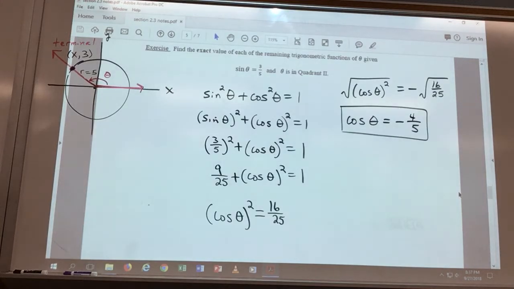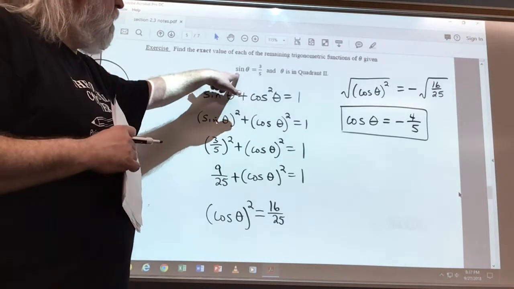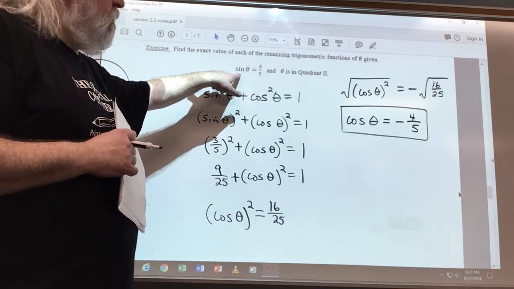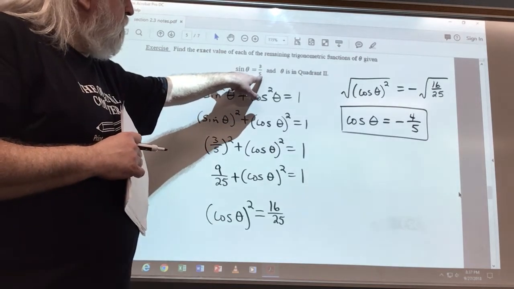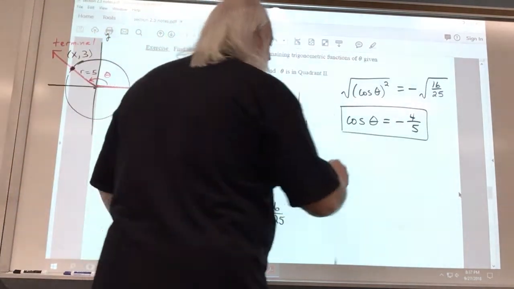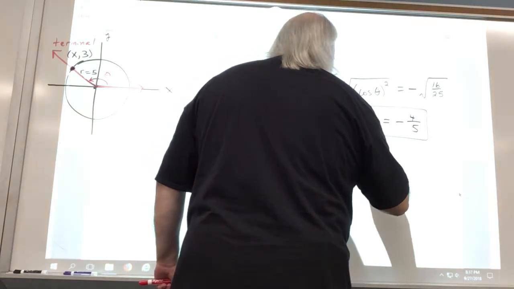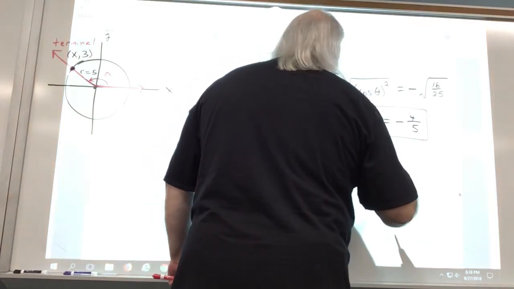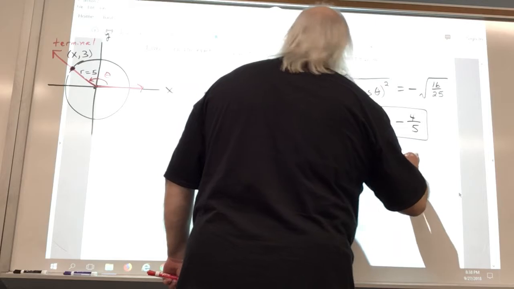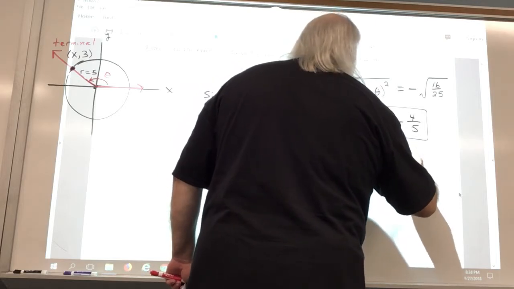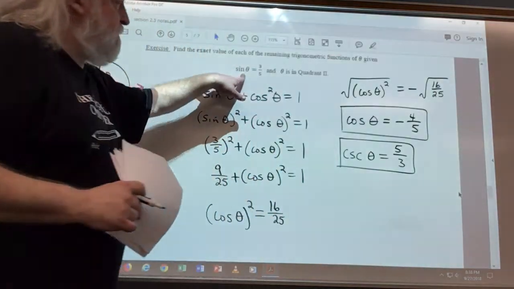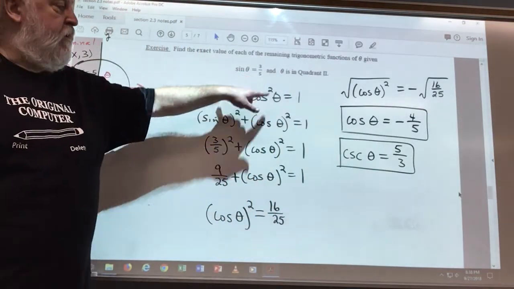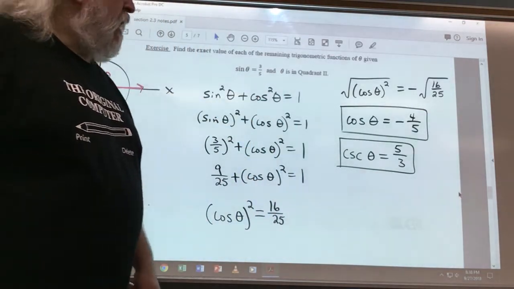Well, we immediately know that the reciprocal, right, cosecant theta is the reciprocal of sine, and the reciprocal of 3/5 is 5/3. So, as in the previous approach to solving this problem, we know that cosecant theta is equal to 5/3. Because cosecant is the reciprocal of sine, and the reciprocal of 3/5 is 5/3.